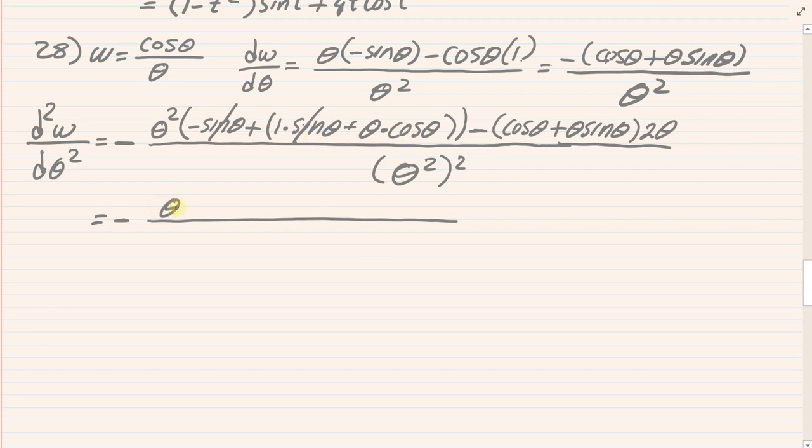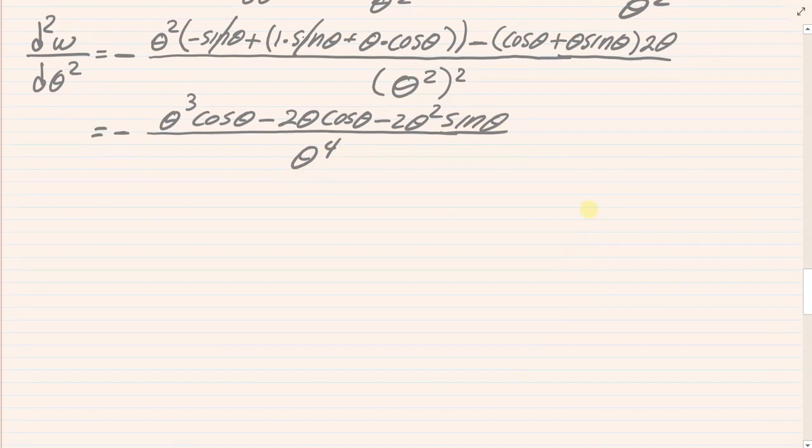So that's going to make it theta cubed cosine theta. And then negative 2 theta cosine theta, negative 2 theta squared sine theta, divided by theta fourth.